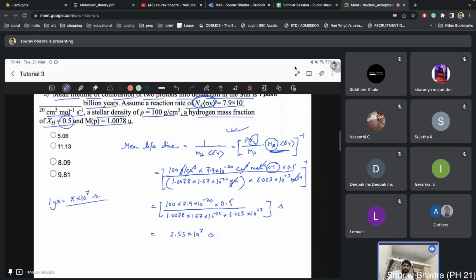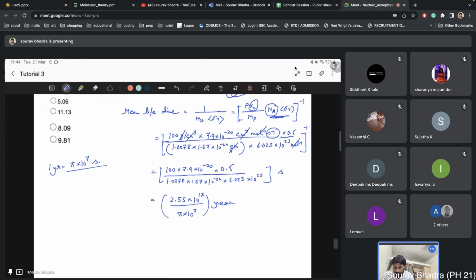So if we divide by that, second will be cancelled and the unit will be year, right? That will give you 8.09 times 10 to the power 9 year, and 10 to the power 9 year means 1 billion year, that means 8.09 billion year.